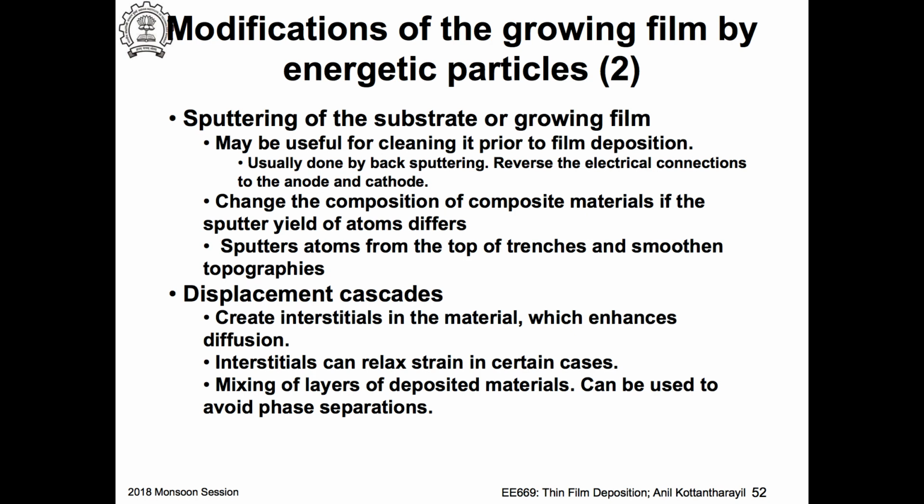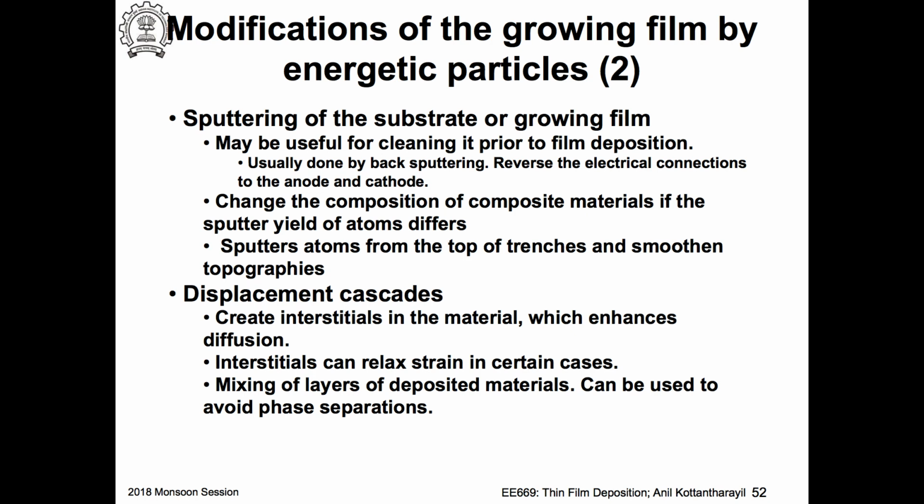So if you have a trench like this, I may be able to smoothen out this place so it becomes more open, because sputtering is not necessarily a line of sight deposition process, so you don't have 100% step coverage. We'll see that, and I'll show you one example. So this is another possibility.